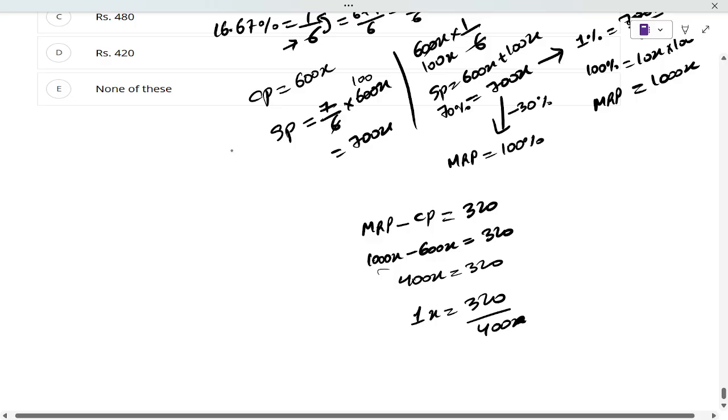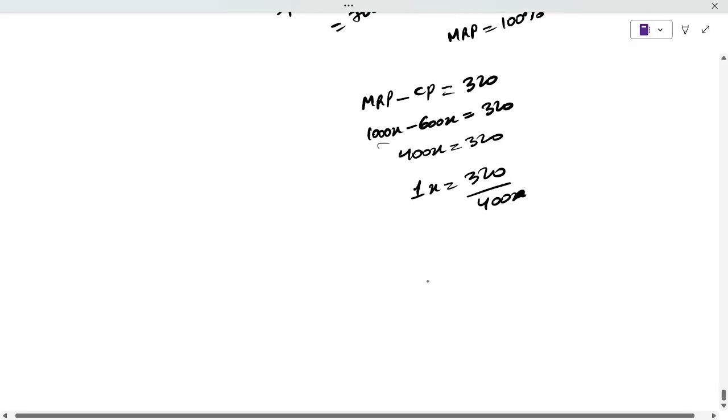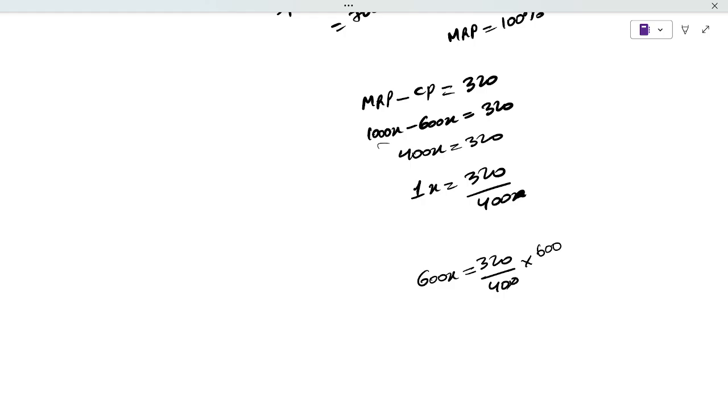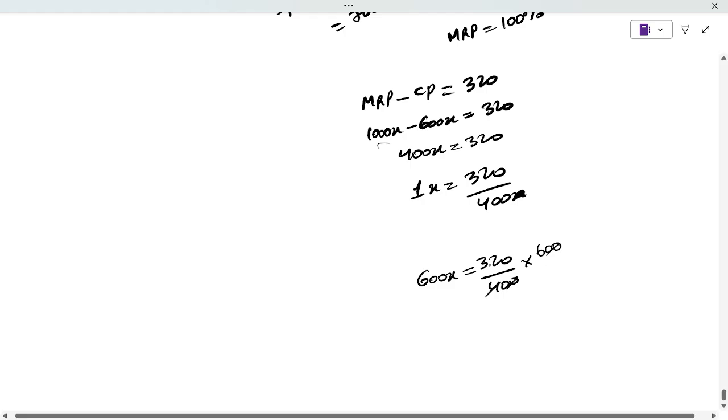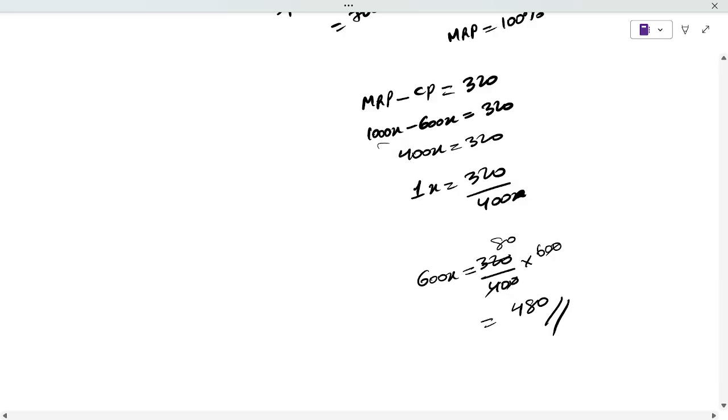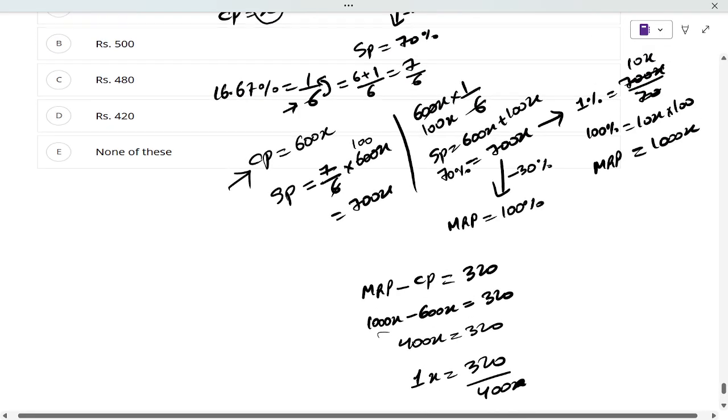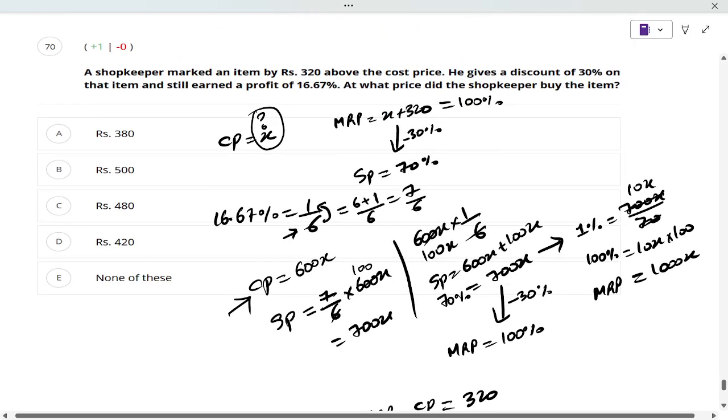Because we assume cost price as 600x. So let's find 600x. So for the 600x, 1x is 320 by 400. And just multiply by 600, because 600 into 1 will give us 600. 20 will be cancelled. 4 1 times 80 times will give us 320. 80 into 6 will give us 480. So the cost price is 480, and that's what the question is asking to find. So 480 is the answer.